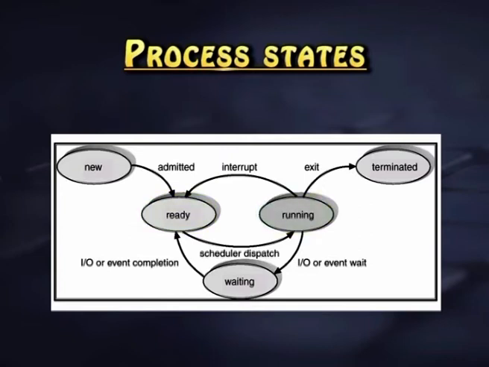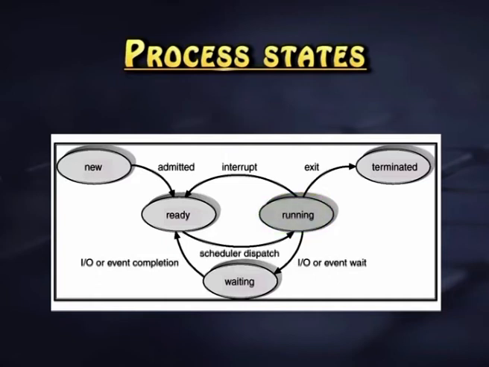The running state means that the process has all the resources it needs for execution and it has been given permission by the operating system to use the processor. Only one process can be in the running state at any given time. There are 3 alternative transitions from running state.